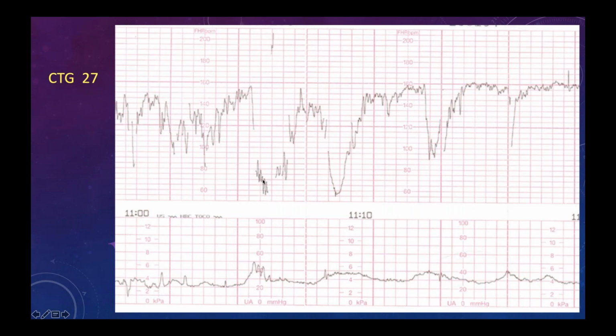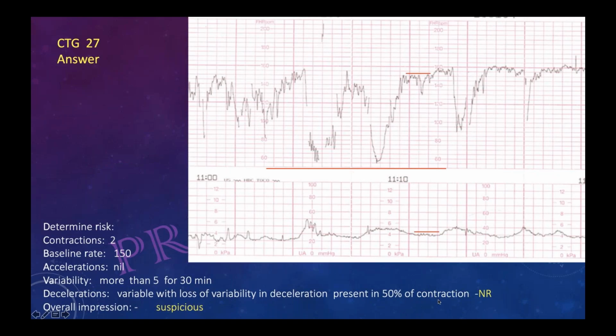So these are variable decelerations with characters, but it is less than 30 minutes, so you will put that in suspicious. Less than 30 will make it suspicious, NR. But if the same CTG is there and it is a 30-minute trace, then it will become pathological. Yes. Okay.